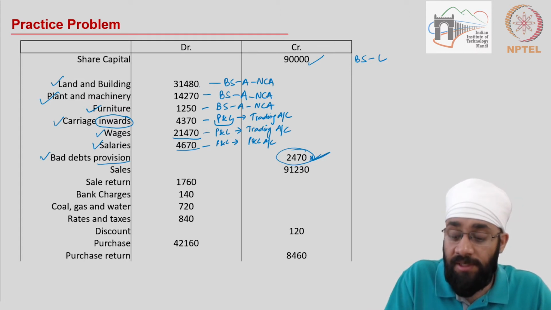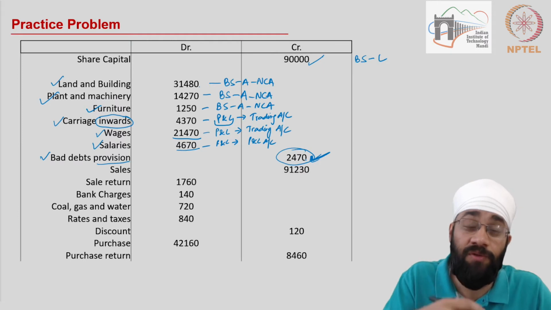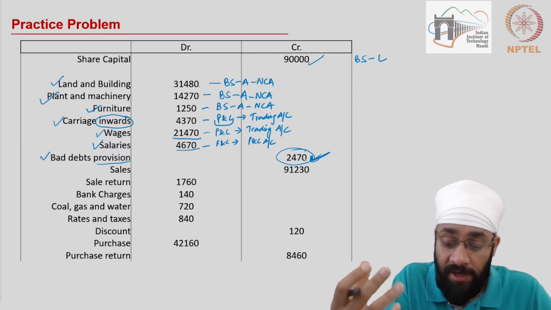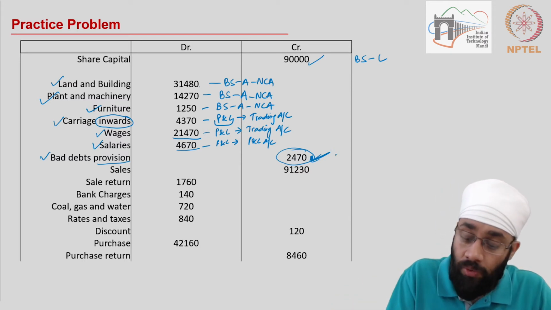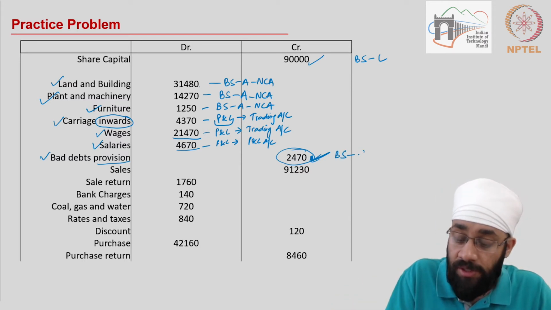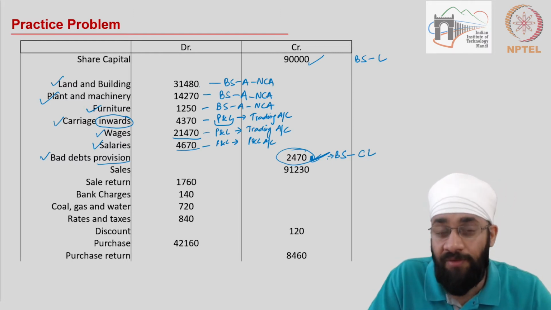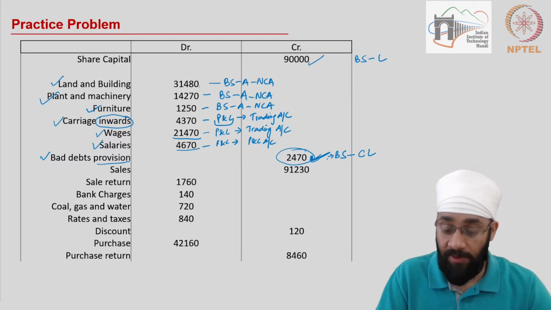Therefore, this is essentially part of the profit to be used towards a current liability or any other liability. So this will go to balance sheet, and under the balance sheet this goes to current liabilities section, because typically the provision is supposed to be used in the near future. You expect that thing to happen.